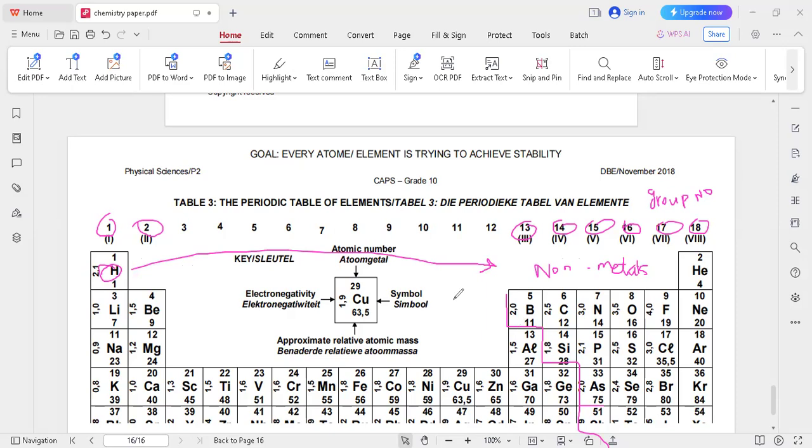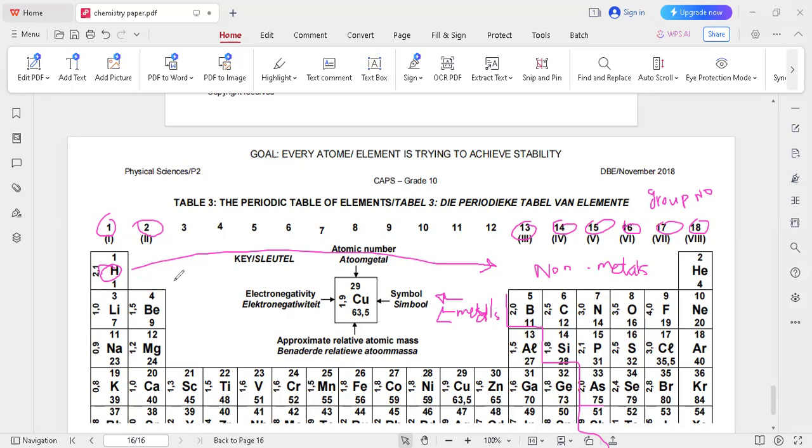The rest of them on your left side are metals. Now, this is very important because you might be thinking, why is it important to learn which ones are metals and which ones aren't? It's very important in knowing what type of bonding.